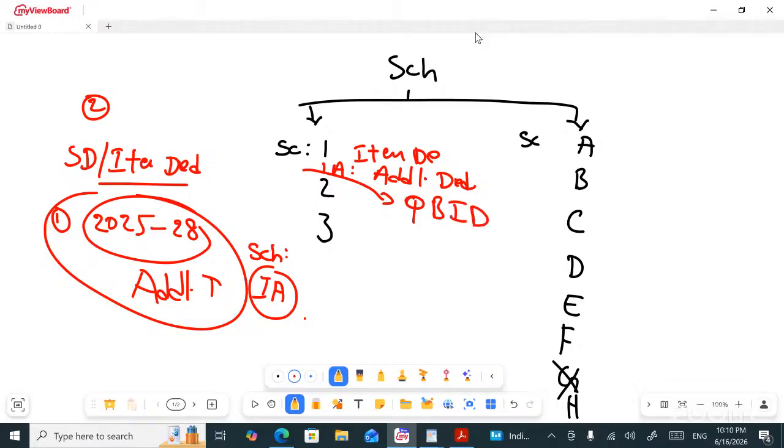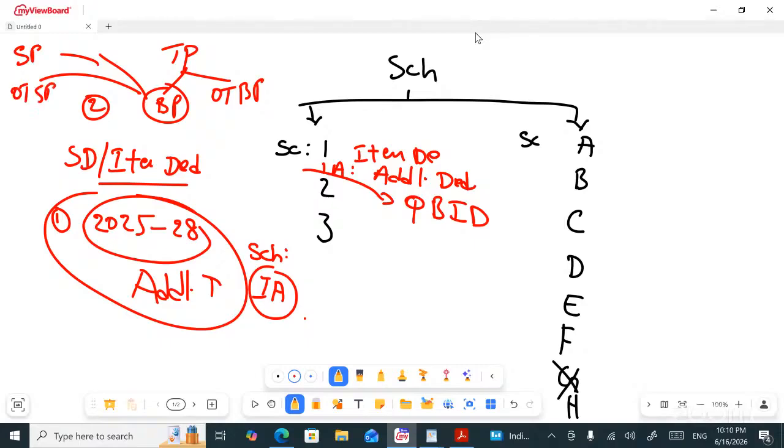This QBID is not applicable to all taxpayers. Taxpayers are divided into 2 types. One is business persons, second one is other than business persons. Again, business is divided into two types: one is specified type of business and other than specified type of business.